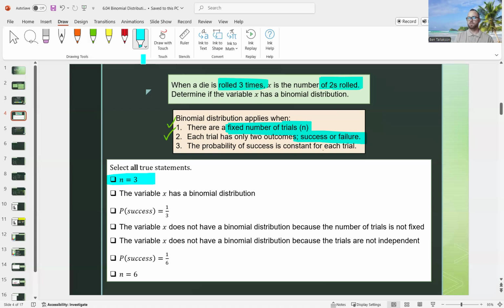Well, it is, right? How many sides of a die have a 2? 1. 1 out of 6. So that is the probability of success. That also tells us the probability of success is constant. And since all 3 of these are true, that also means that the variable x has binomial distribution.